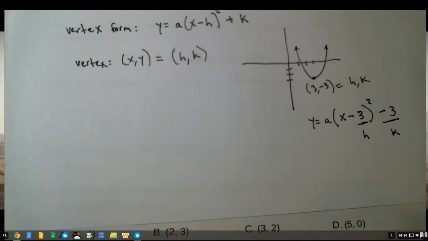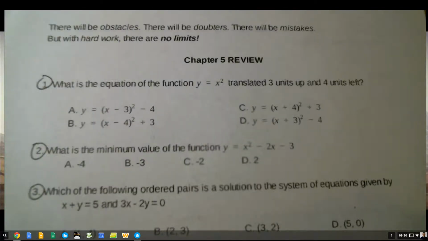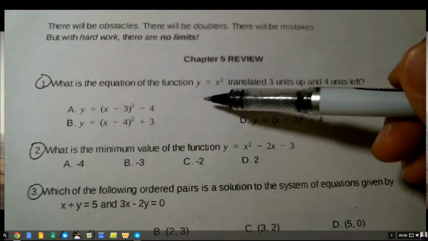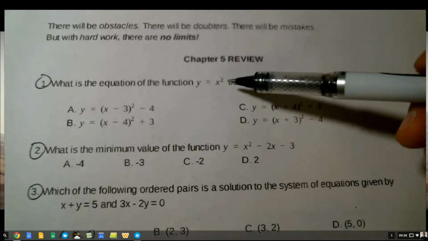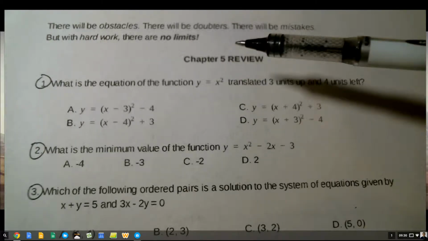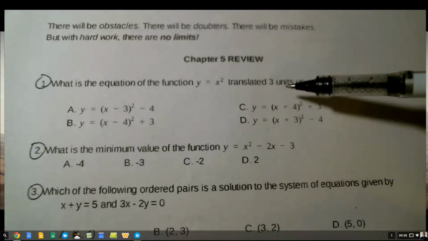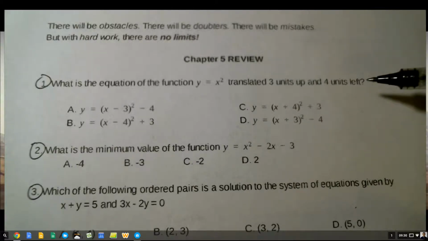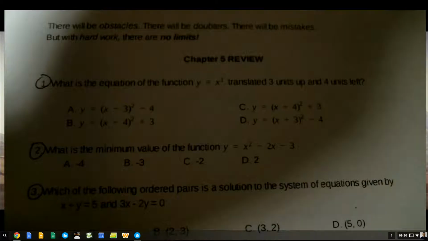So let's look at this. We have a regular y equals x squared, just a generic parabola. And we want to translate that 3 units up and 4 units to the left. So let's graph it to see what it looks like.